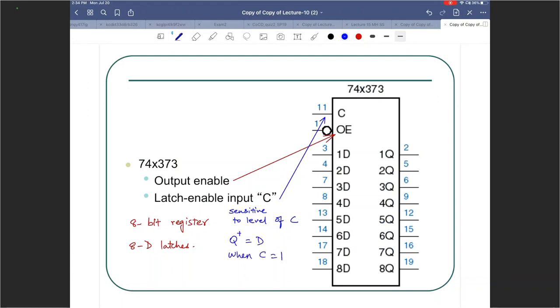So it's the level of the clock as opposed to the edge of the clock. I should also say this: N, because it's 1, 2, 3, so on up to 8. So N belongs to 1 to 8, no 0, just 1 to 8. Questions here?